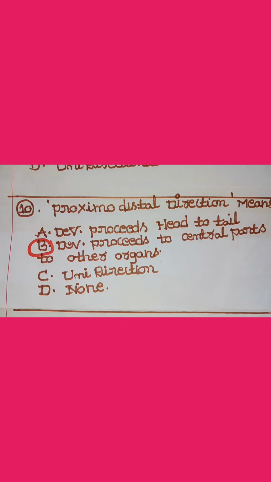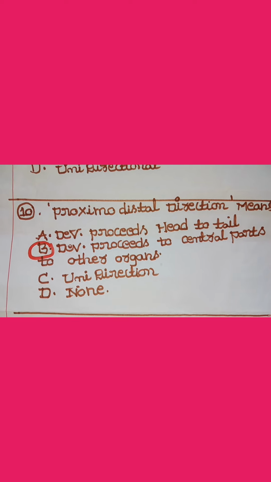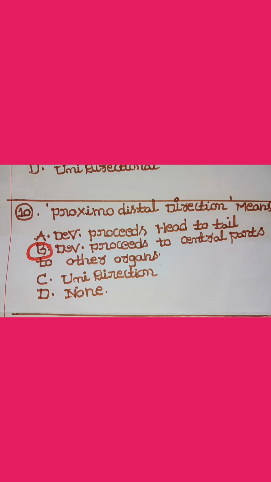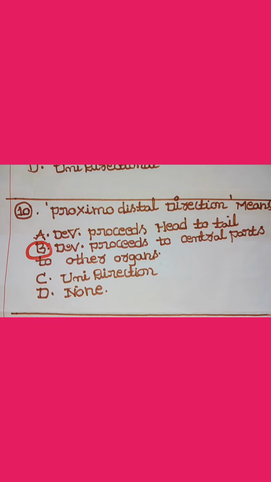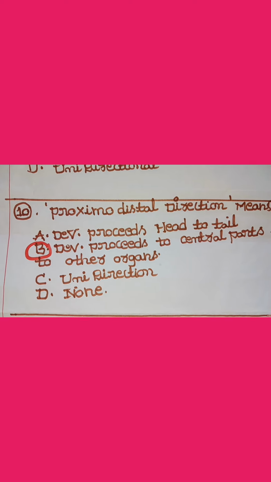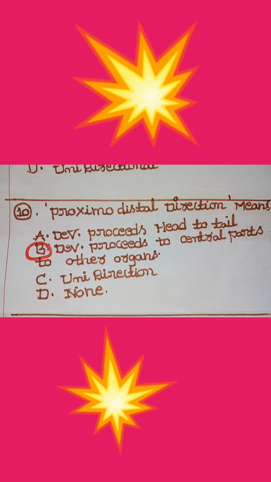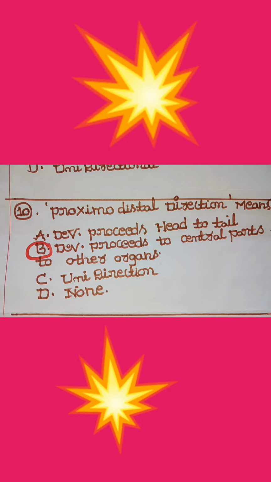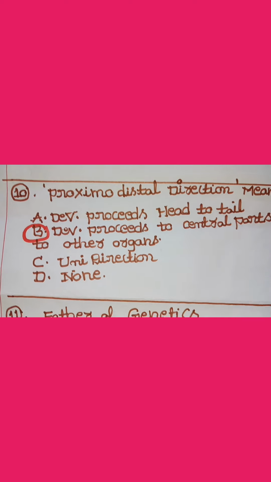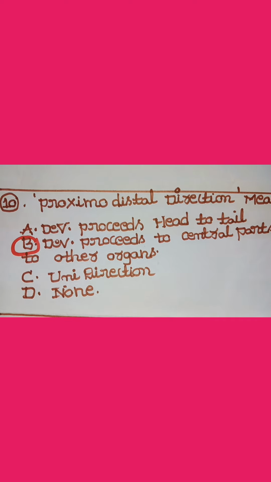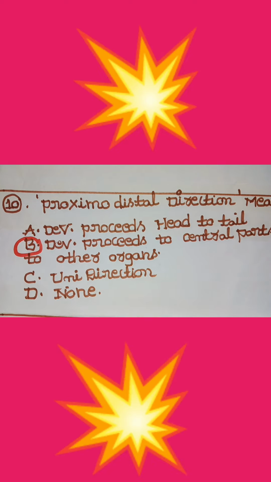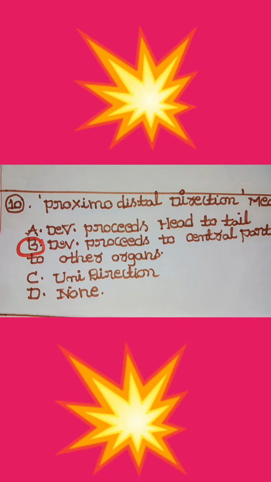We have already discussed that development is two directional, cephalocaudal and proximo-distal. Head to tail is cephalocaudal, and central parts to other organs is proximo-distal. So B is the right answer.